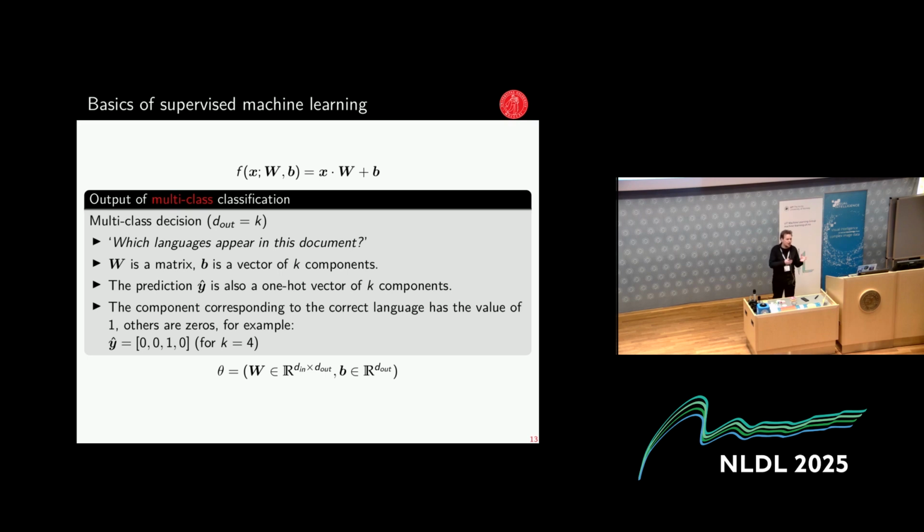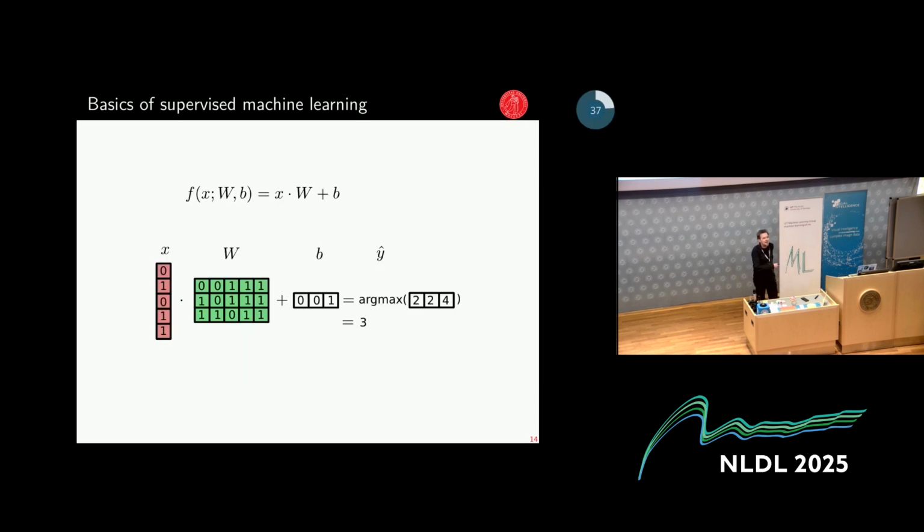So whatever language is the correct language of the document, this component of the prediction vector will have 1 as its value, and other components will have 0, in the fortunate case that our model works correctly.